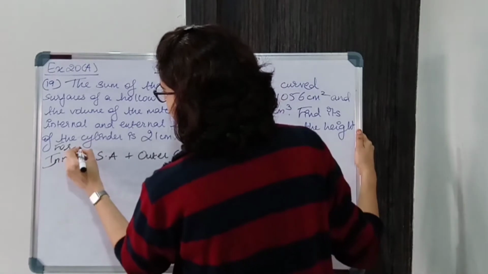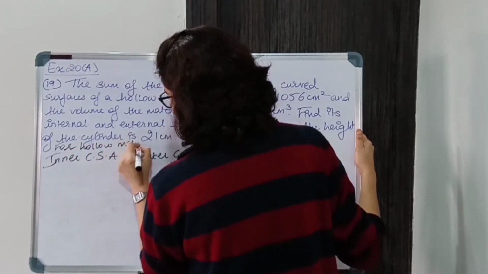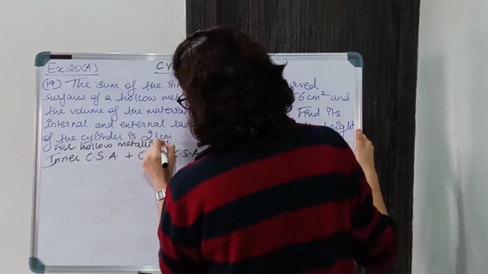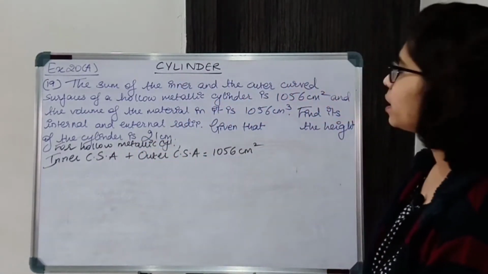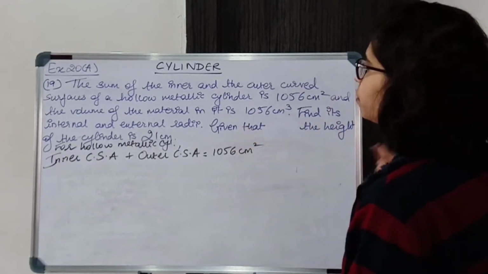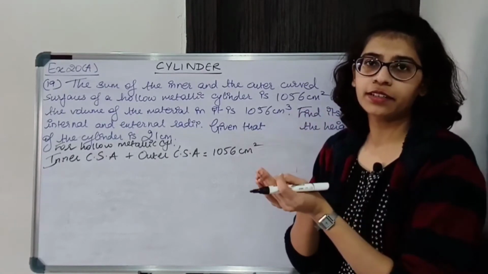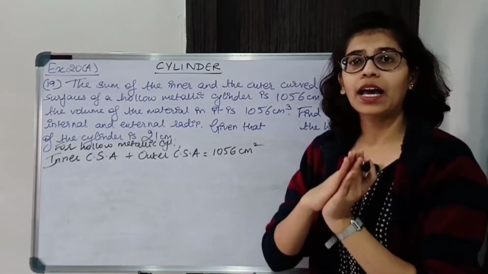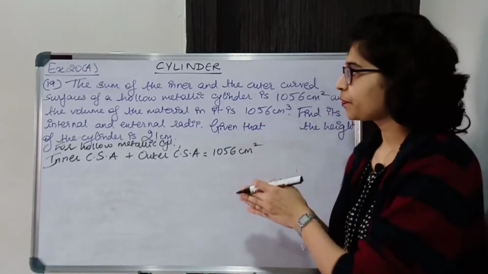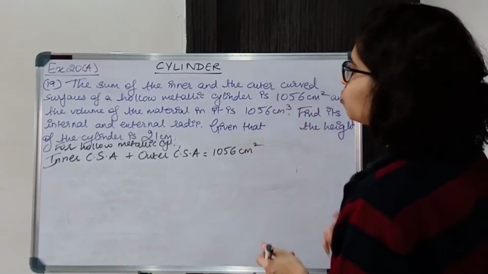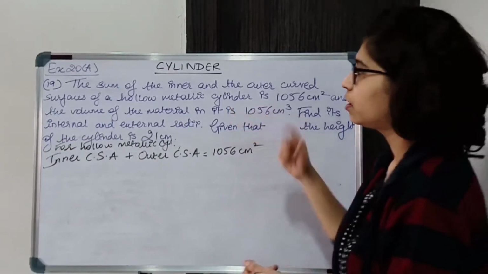Okay, you are given a hollow metallic cylinder. Don't use short forms. And you are given the volume of the material in it. Volume of the material in a hollow cylinder is pi capital R square minus small r square into h. So pi R square minus r square into h is given to us, that is 1056 centimeter cube.